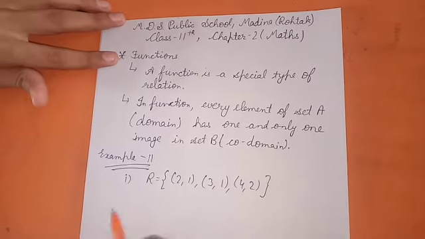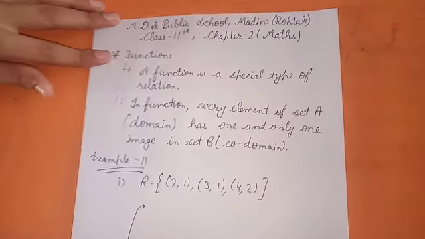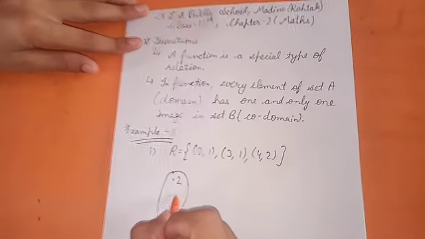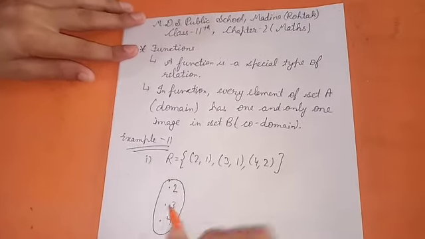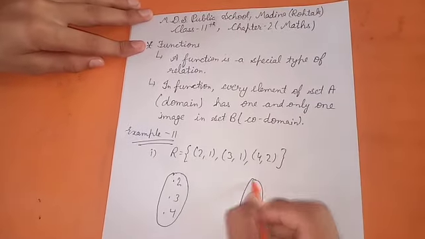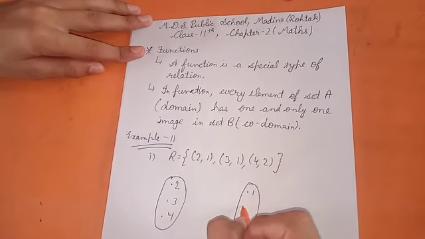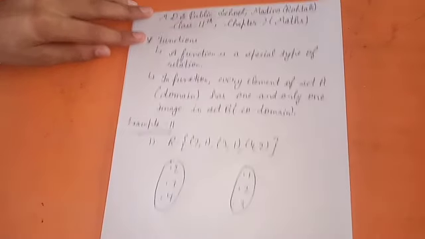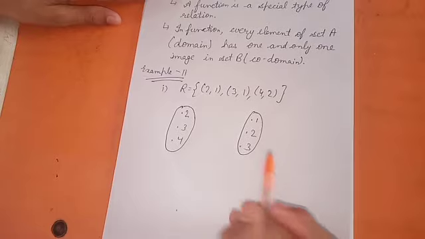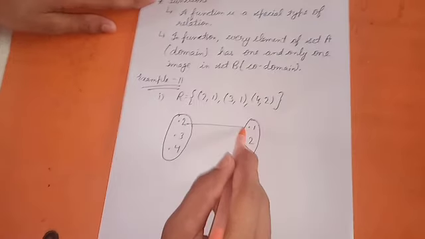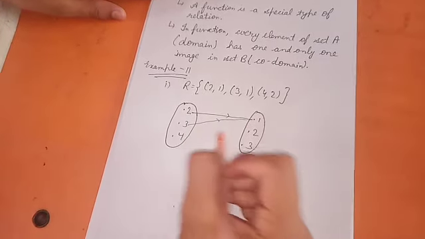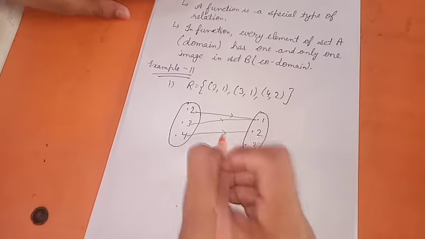Okay, now first of all what we can do, we can make our domain 2, 3, 4 and range 1, 2, 3. So 2 is related with 1, 3 is also related with 1, 4 is related with 2.